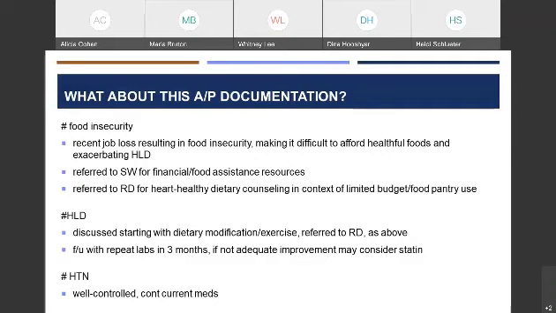So how, if at all, would this change things in terms of how a coder would code this? Now it is much clearer in this part of the scenario, showing that the hyperlipidemia is being exacerbated by the patient's food insecurity, recent job loss, and makes it a lot clearer for the coder to say that this is the primary reason why the patient is here for their visit.